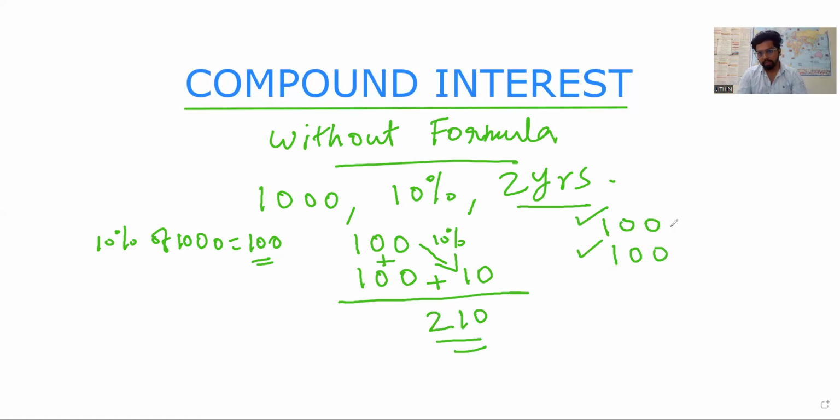Now next step, find the 10 percentage of this 100. It is 10. And you need to add all these values. That is 100 plus 100 plus 10, total 210. So this is the compound interest. Is this clear? So let's see another question.